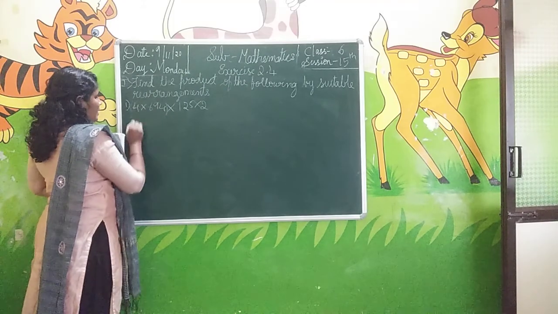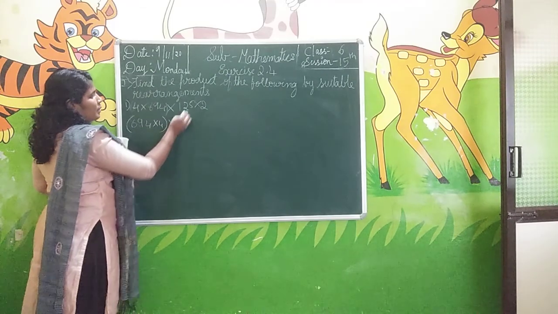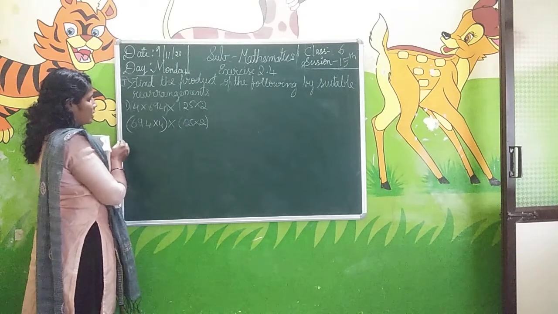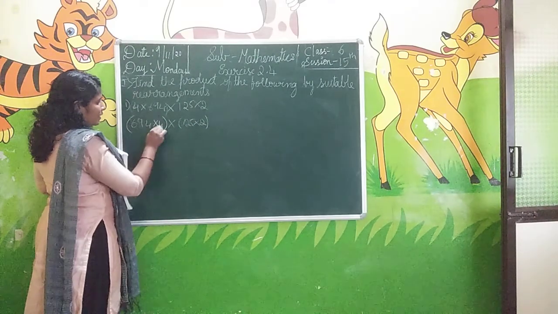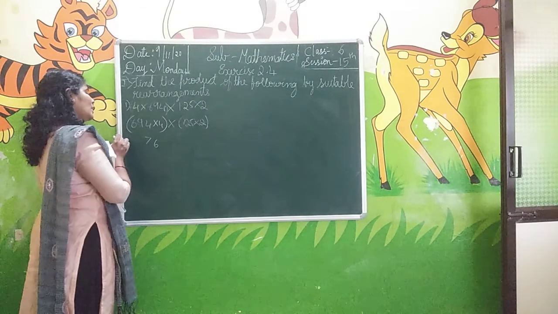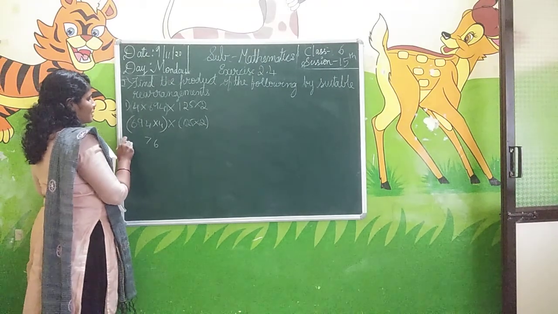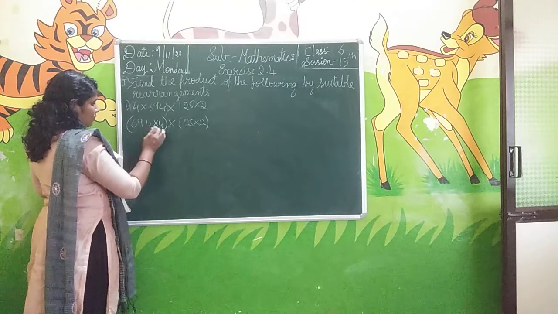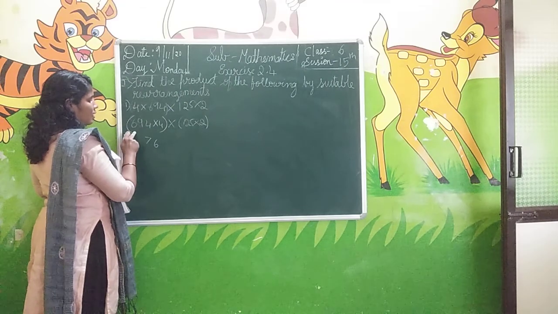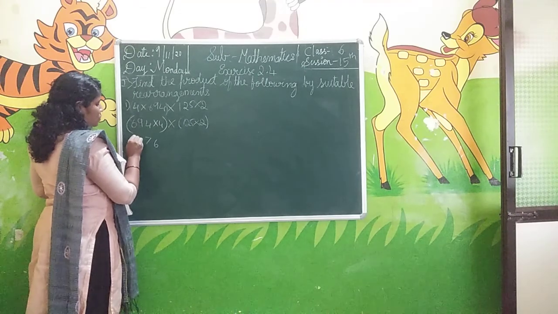First consider 694 into 4. Again it should be multiplied with 125 into 2. When you multiply 694 into 4, 4 4s are 16, 1 carry, 4 9s are 36 plus 1 is 37, 3 carry, 4 6s are 24, 24 plus 3 is 27.